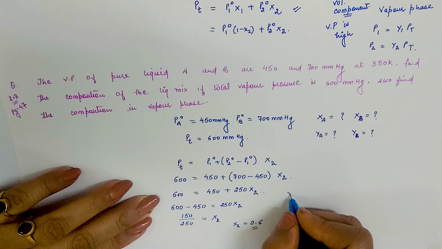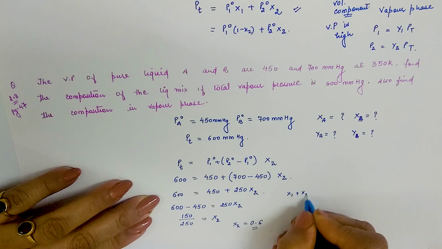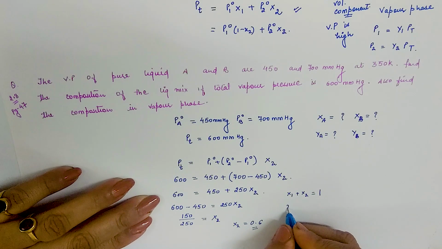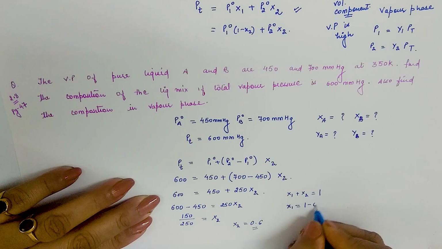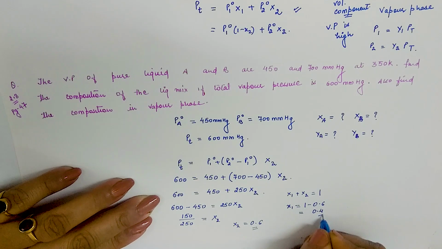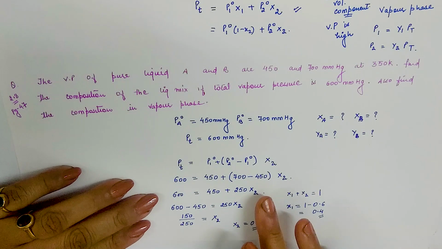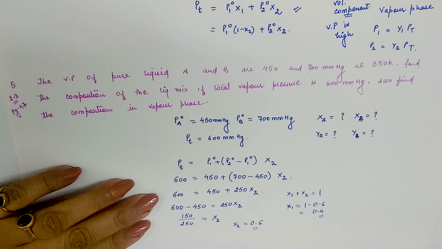Now we know that x1 plus x2 is equal to 1. The x2 value is with me, so x1 is equal to 1 minus x2, which is 1 minus 0.6. So my answer is 0.4 for x1.